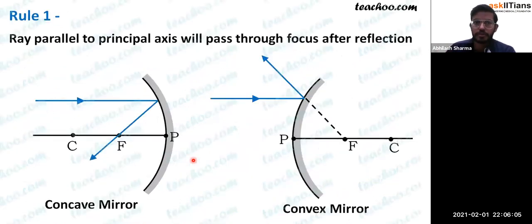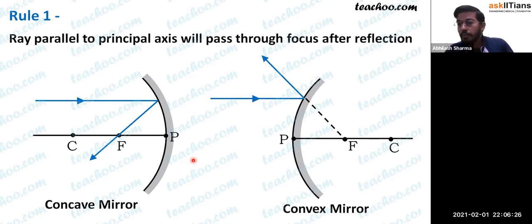Whether I have concave or convex, we have certain rules to follow. The first rule is that when a ray is coming parallel to the principal axis, it will always pass through the focus. Why is it so? Well, that is the reason why it is named the focus. Rays which are coming parallel means they are coming all the way from infinity, right?